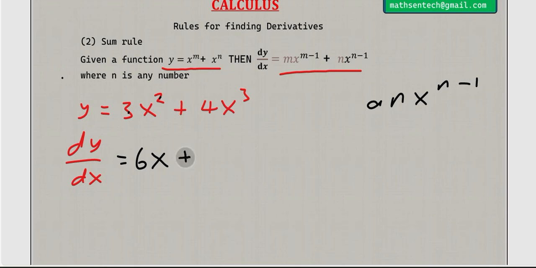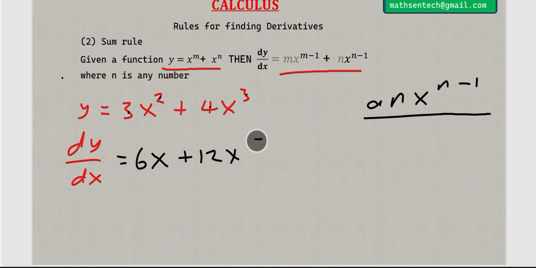So then plus, now here you're just adding. Remember we're still back to our formula again. So our a is 4, our n is 3. So 4 times 3, 12, then 12x, then 3 minus 1, which is 2. So here you're going to write 2.